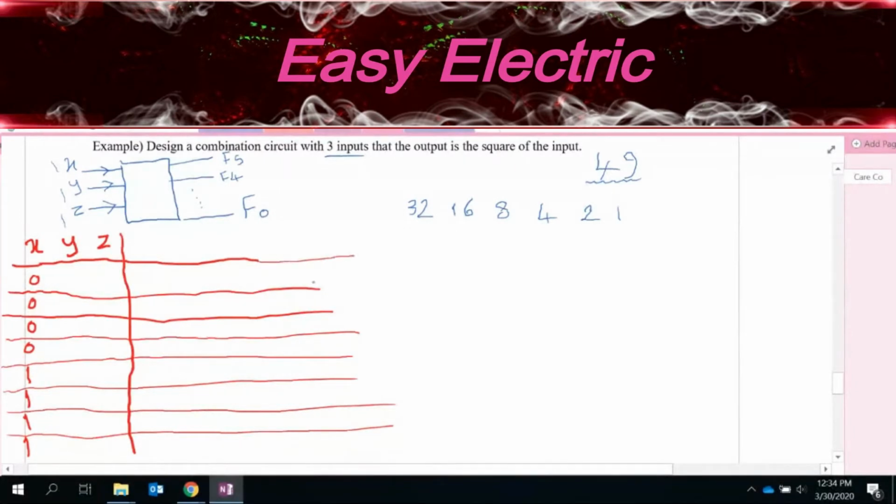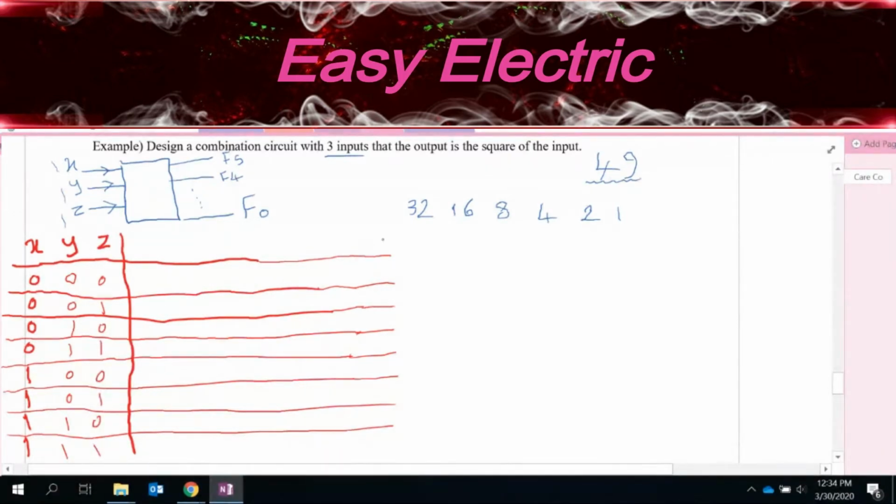Okay, just extend this because you have 6 outputs, so you need to have all of them as output. Next, you have 0, 0, 1, 1, 0, 0, 1, 1. Here you have 0, 1, 0, 1, 0, 1, 0, 1.